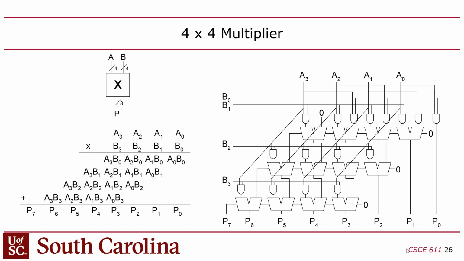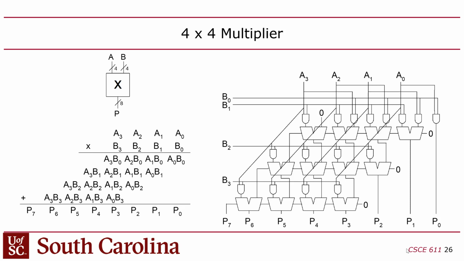So in this case, B bit 0 is being fed into the second input in each one of these AND gates at the top, right? And so we're going to take A bit 0, bit 1, bit 2, bit 3, which is the multiplicand, and each one of those is being fed into an AND gate along with B bit 0. So B bit 0 comes into this AND gate, into this one, this one, this one, and this one, right?